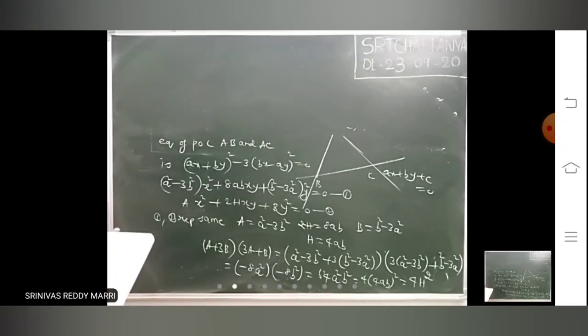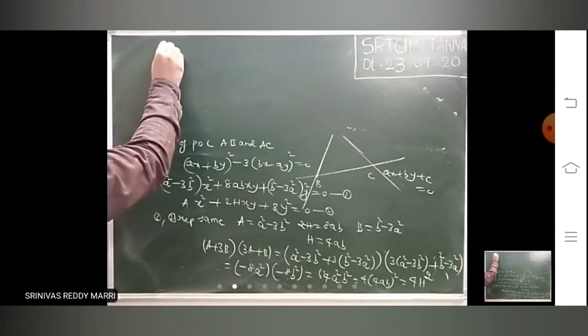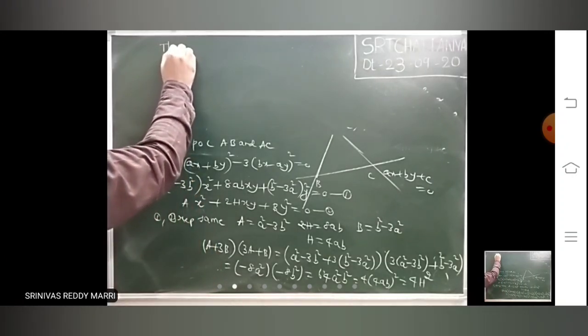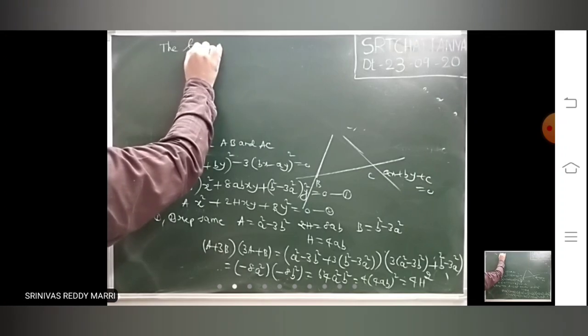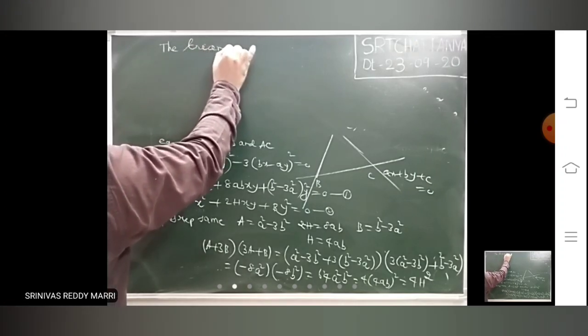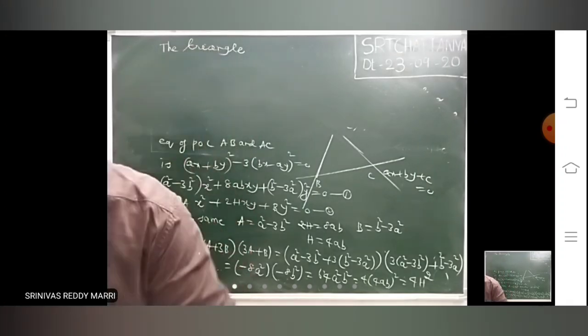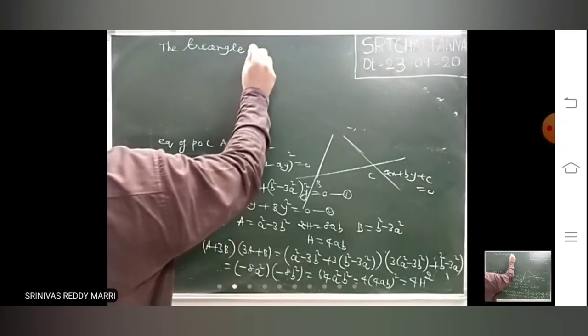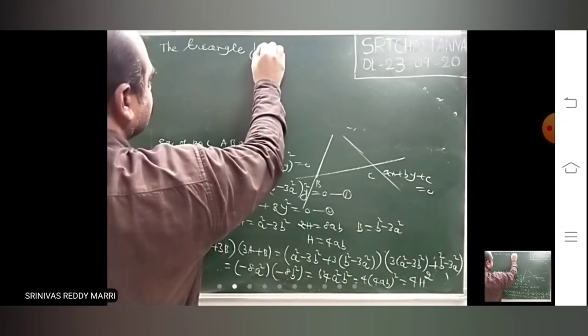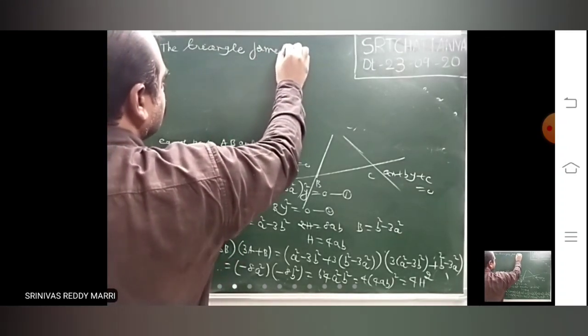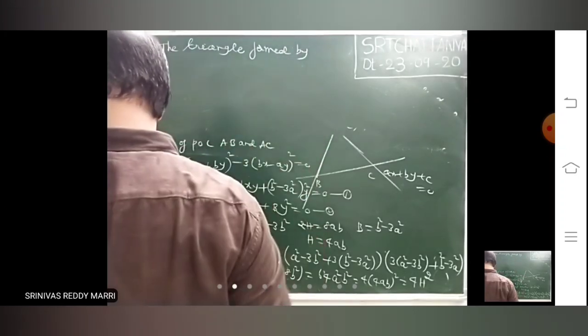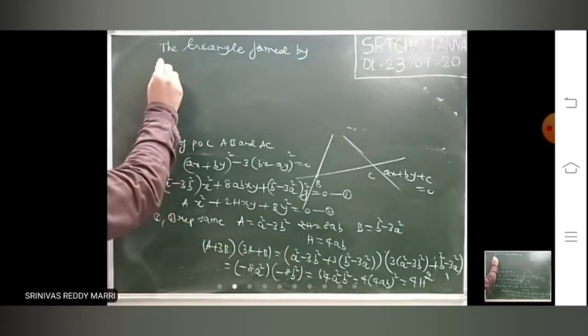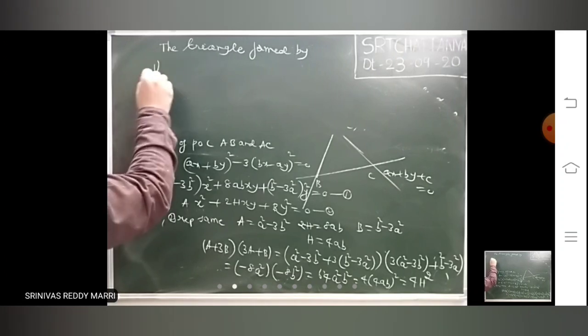Look at, we have to identify the triangle. The triangle formed by number one.